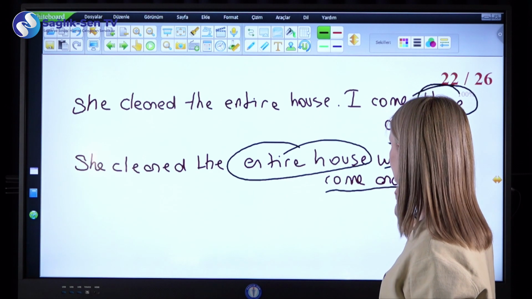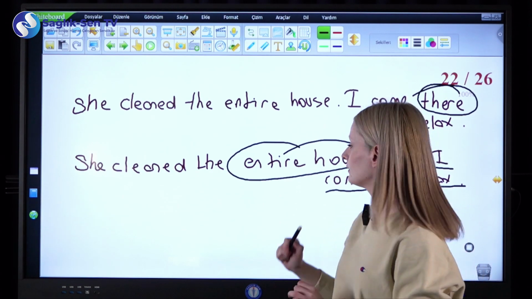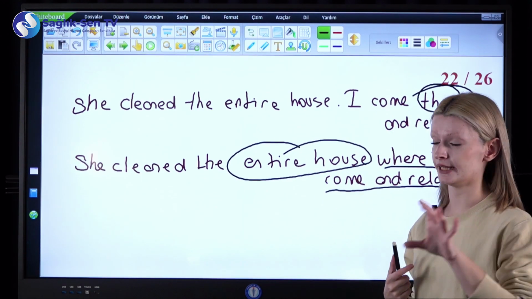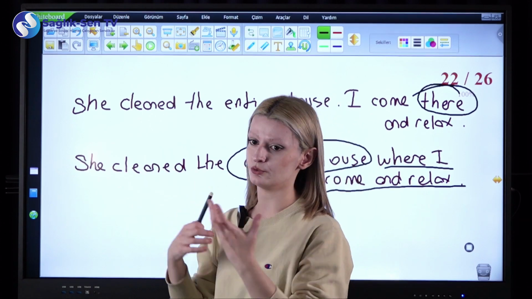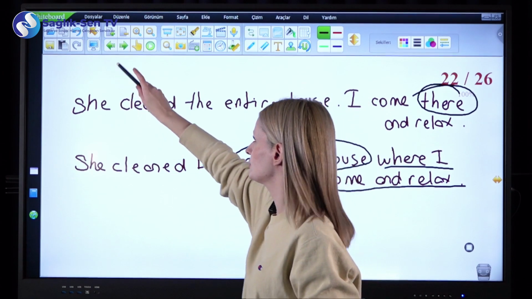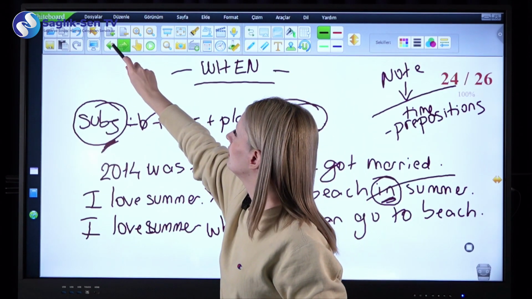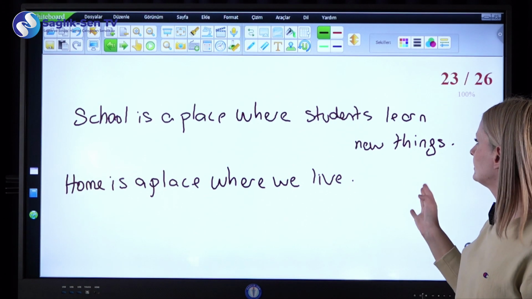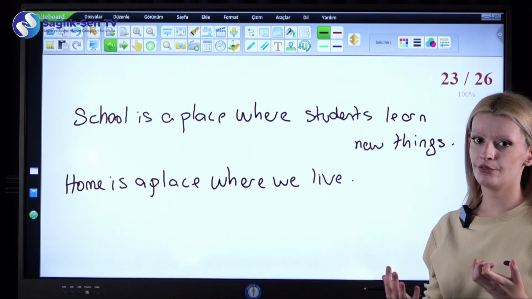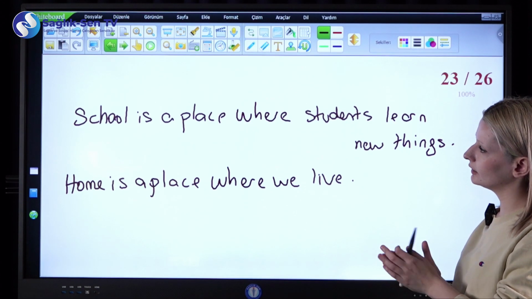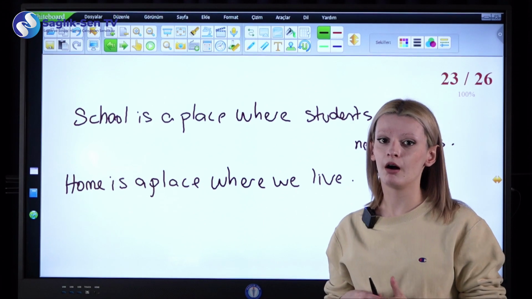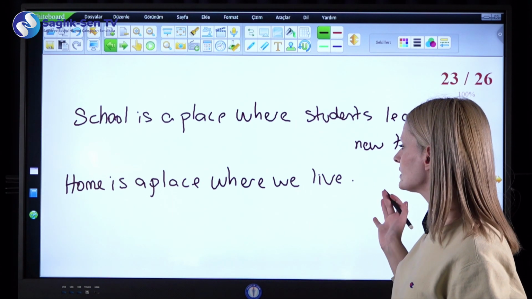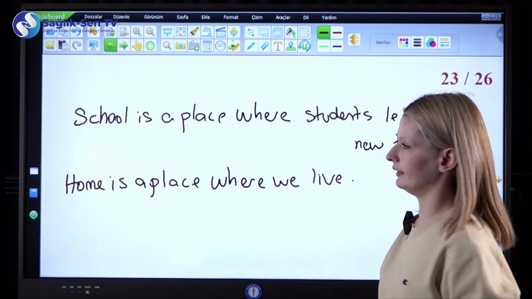I have to use relative pronoun right after what I'm defining, and I have to continue with the sentence that has that place meaning which you can understand with prepositions or here and there. School is a place where students learn new things. Here is a perfect example of use where in relative clause. Home is a place where we live.